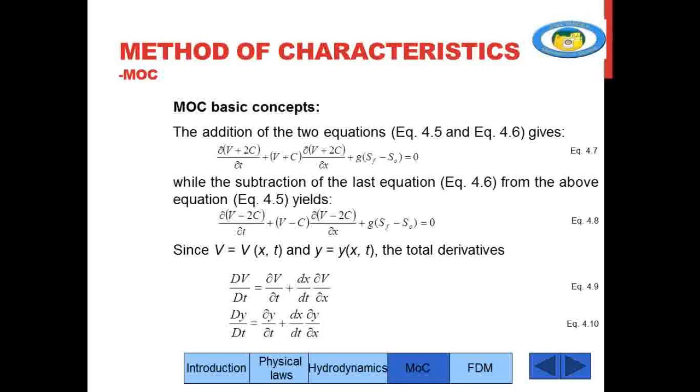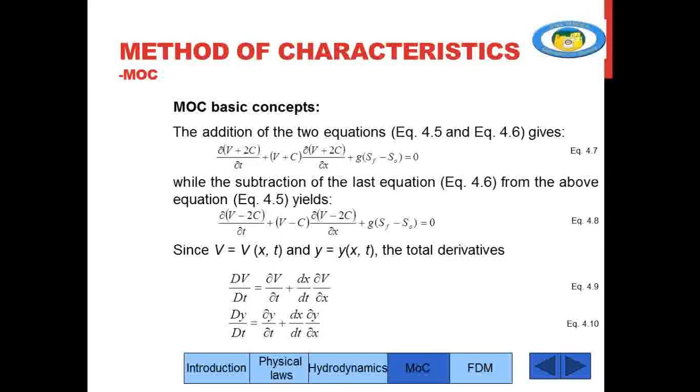Now, this equation, either equation 4.9 or equation 4.10, could easily be related with equation 4.7 and equation 4.8. If you take the last term in equation 4.7 and equation 4.8 to the other side, then the two equations are of similar structure.